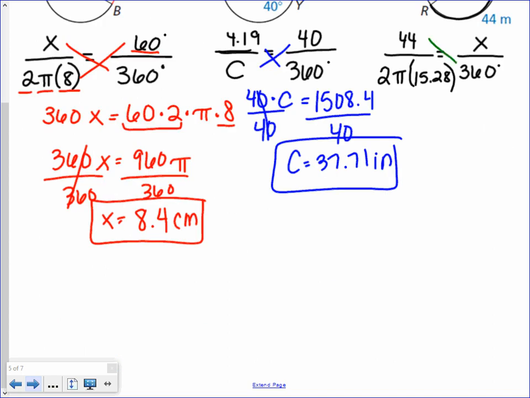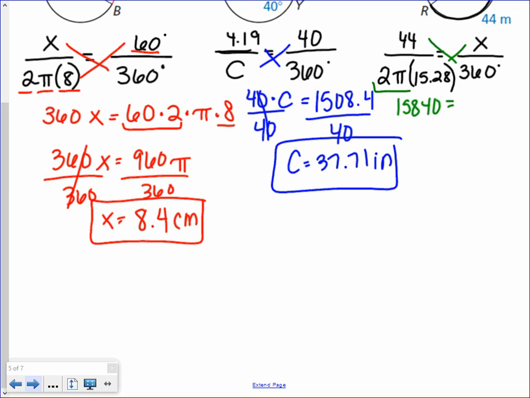I'm going to do this side first because it's a little bit easier. 44 times 360 is 15,840. And on the right side, we've got x times 2 pi times 15.28.